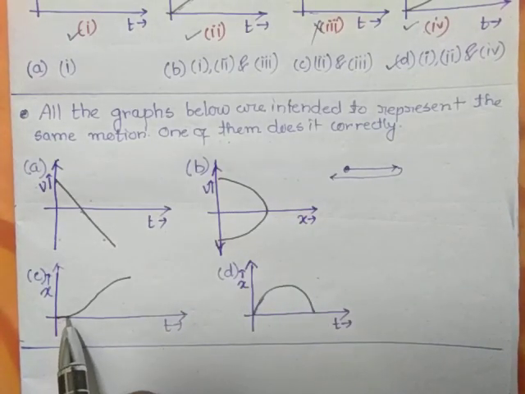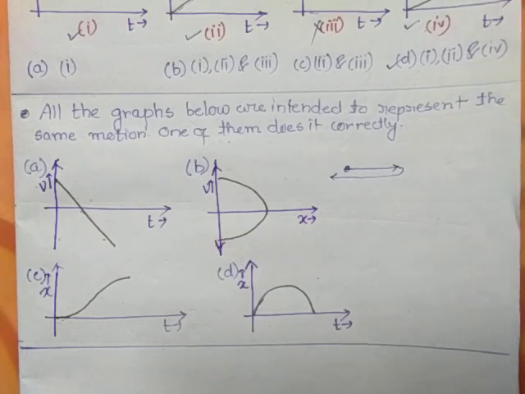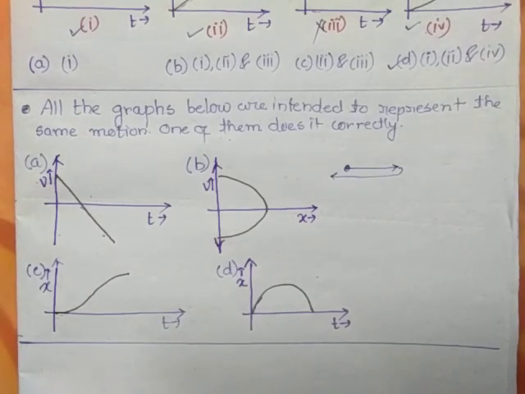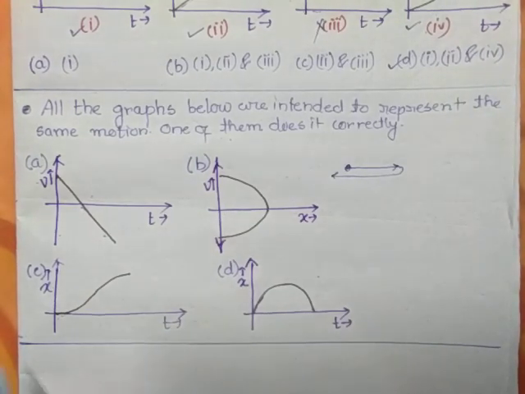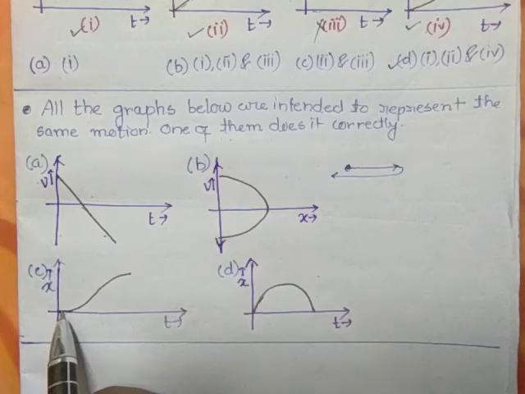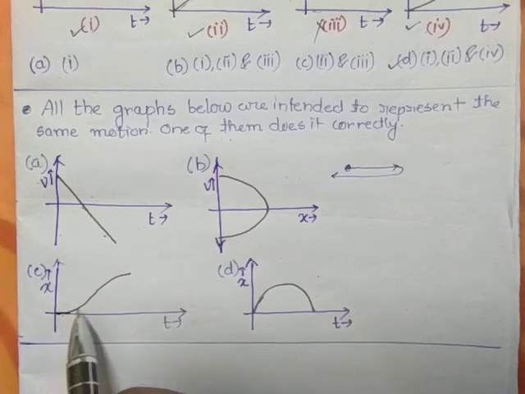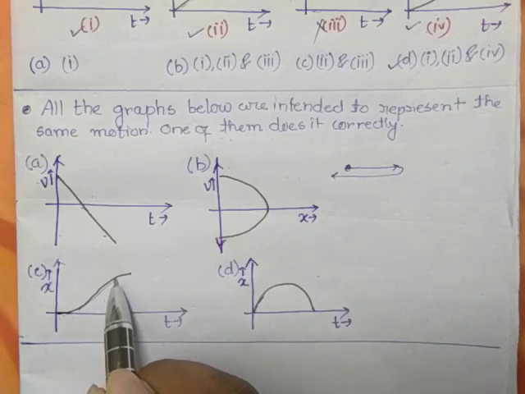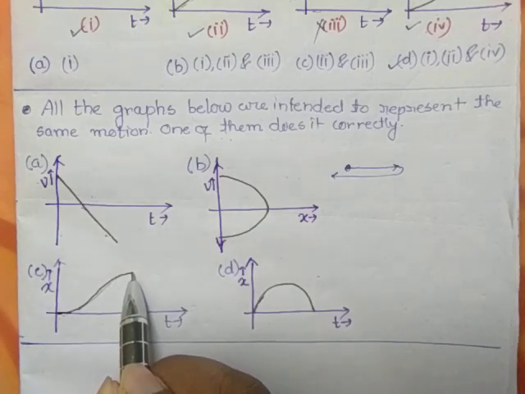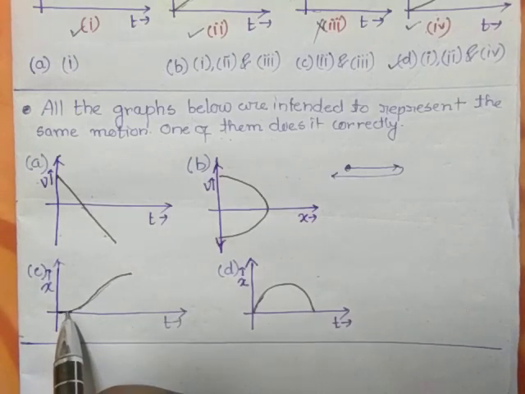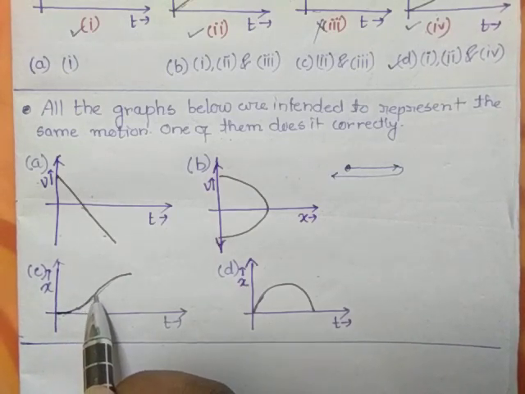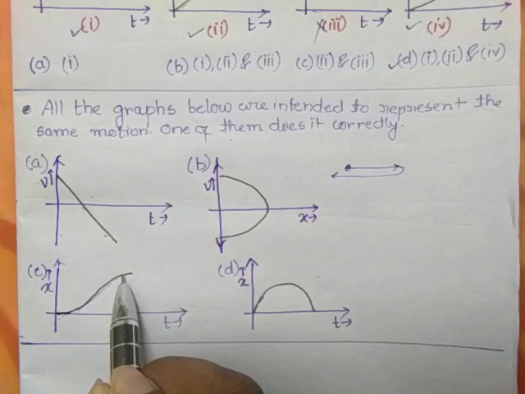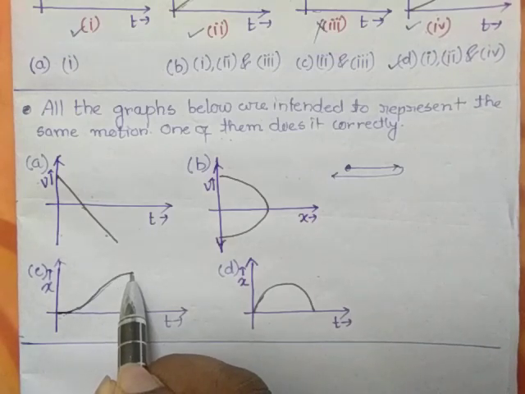If we look at option C, that is the x versus t curve, it starts from 0 at t equal to 0, its displacement is increasing, and after some time it becomes constant. So it starts from 0, it starts moving, and here it again ceases its motion.